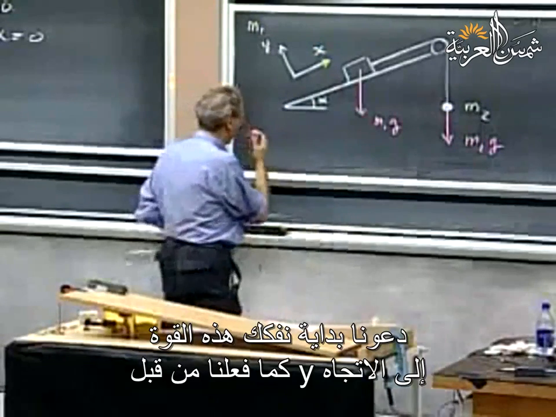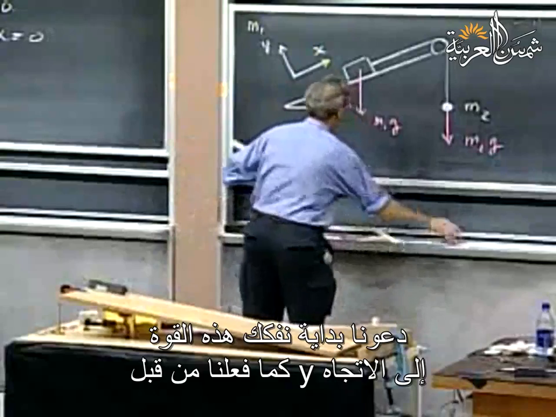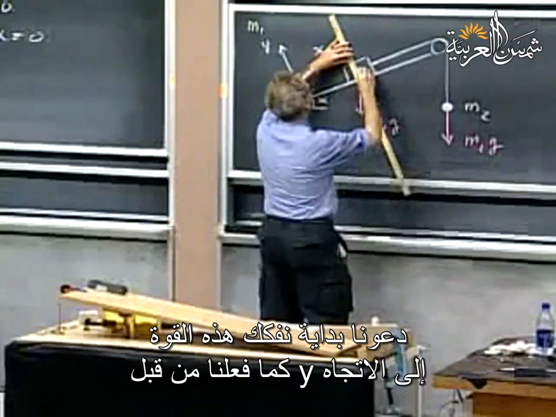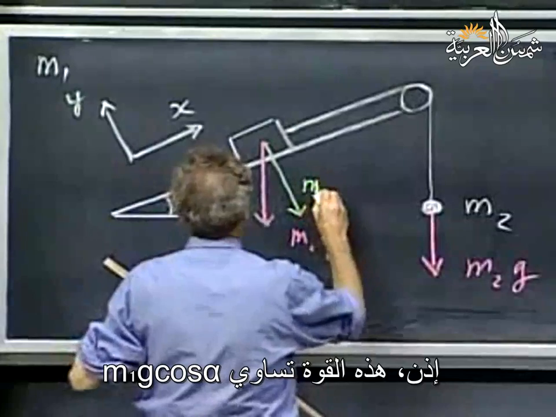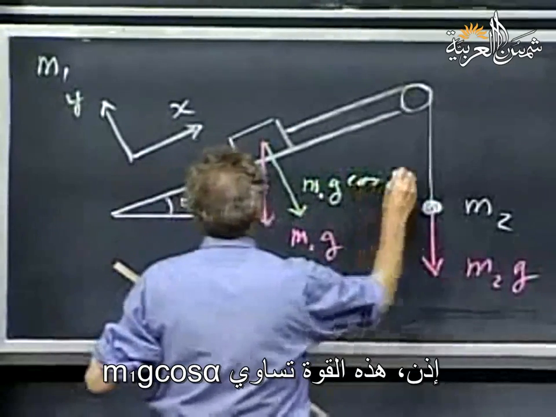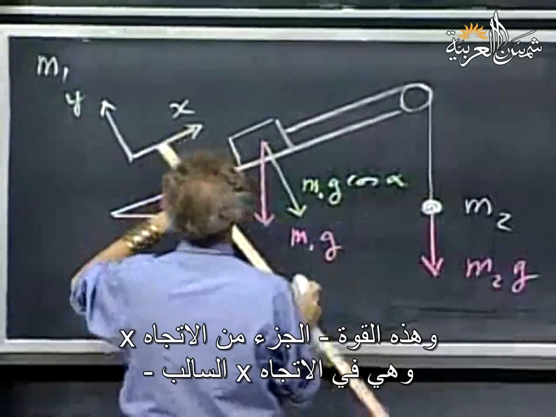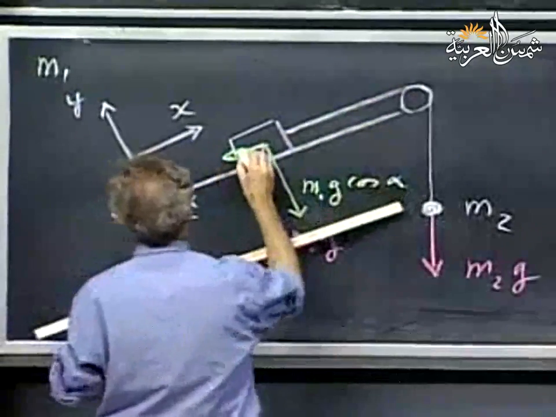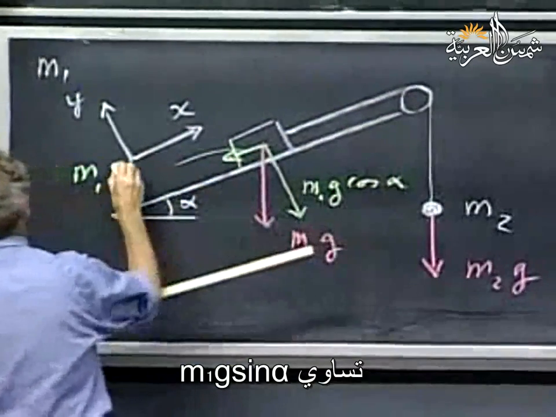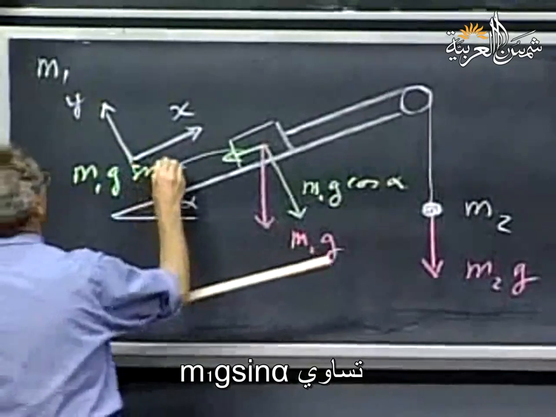Let's first decompose this force, as we did before, in the y direction. So this one equals m1 g cosine alpha. And this one, the x component, which is in the minus x direction now, equals m1 g sine alpha.